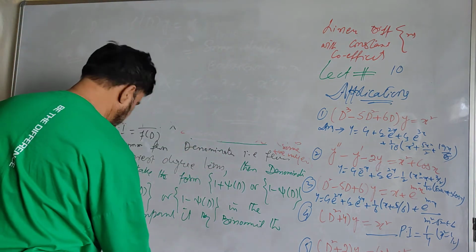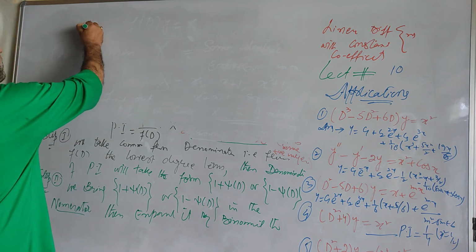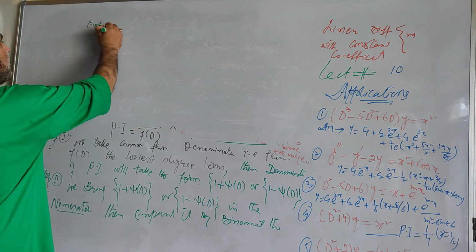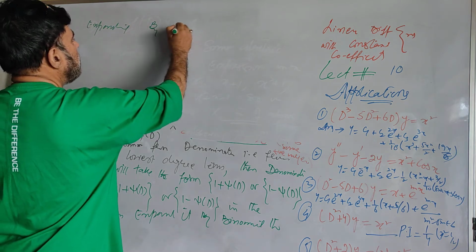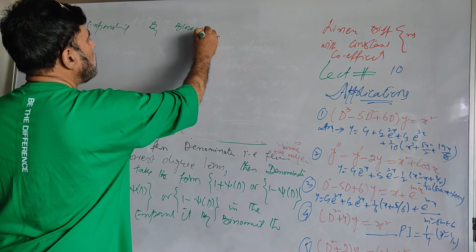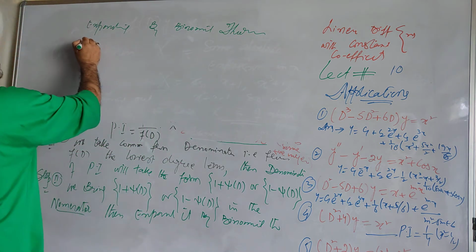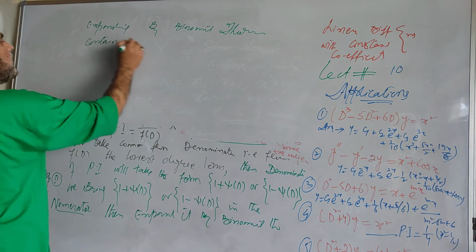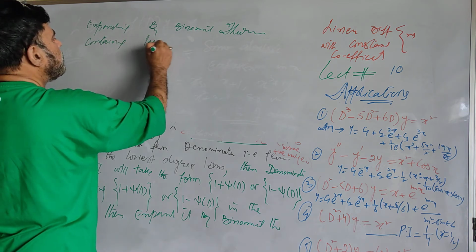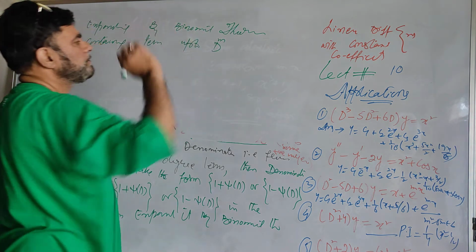If it is not visible here, I will write here: expanding by binomial theorem, containing terms up to D raised to power m.